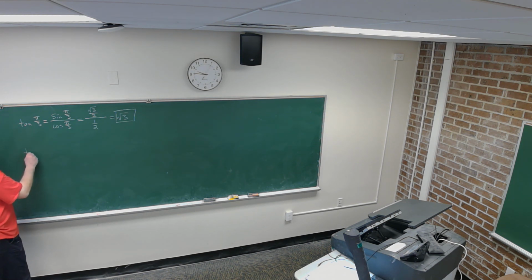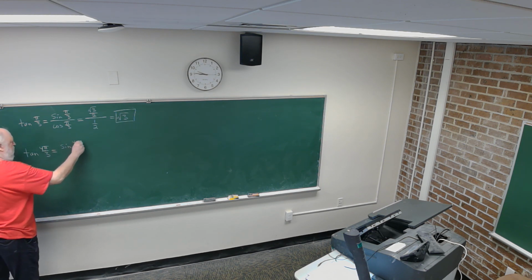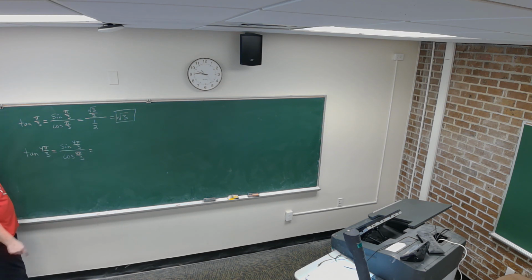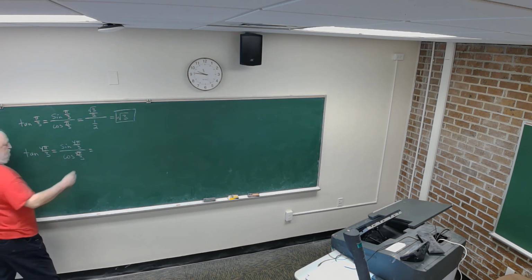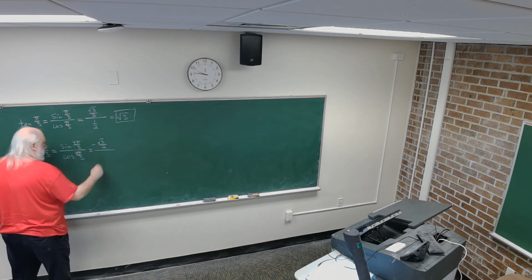Jump down to the 4th one, the tangent of 4 pi over 3 is equal to the sine of 4 pi over 3 over the cosine of 4 pi over 3. And the sine of 4 pi over 3 is minus square root of 3 over 2.